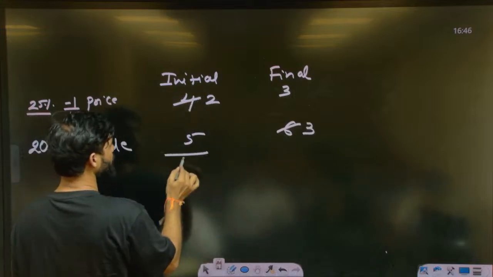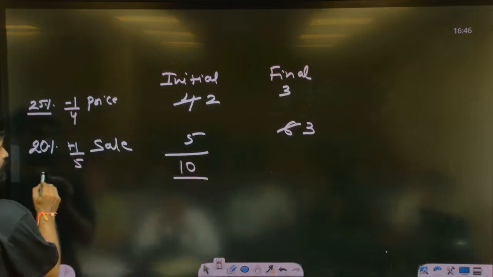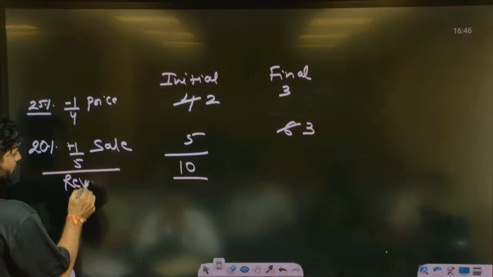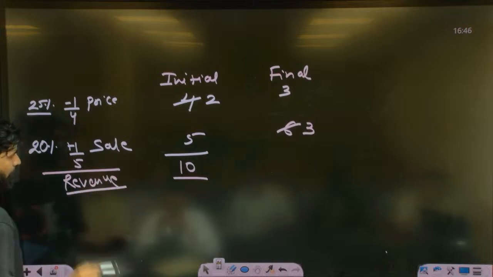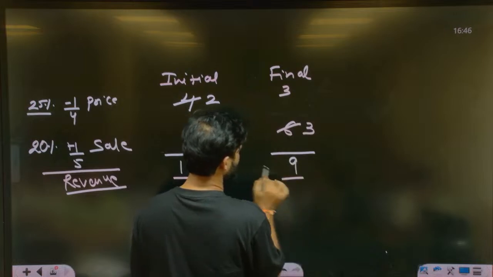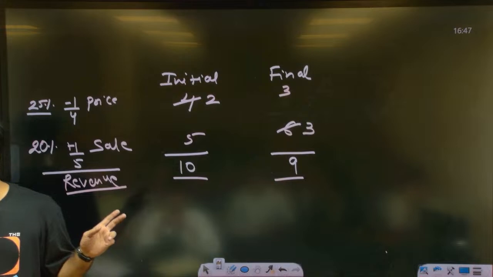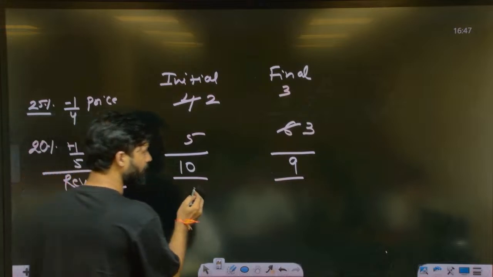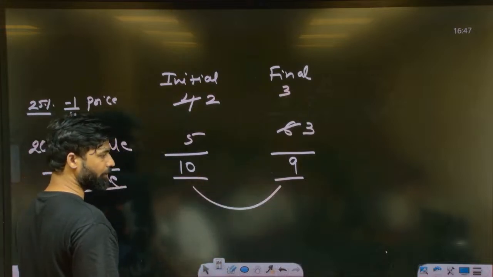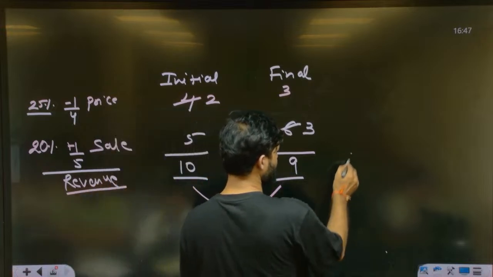So initially the revenue generated was how many units? 10 units. And finally the revenue generated is 3 into 3, that is 9 units. So obviously there is a decrease in the revenue, and there is a decrease in the revenue by how many units? 1 unit. And we have to give the answer in percentage. You know it very well.